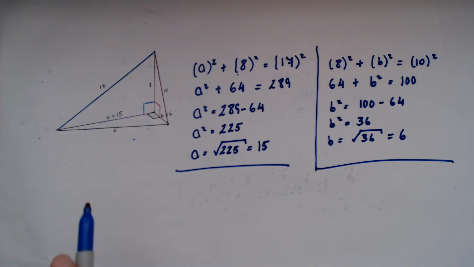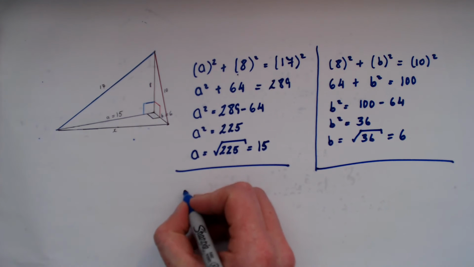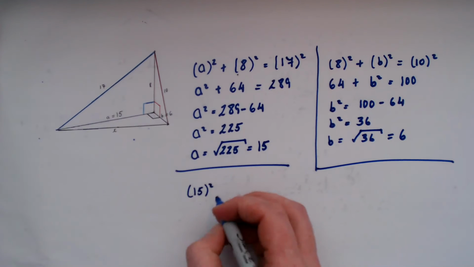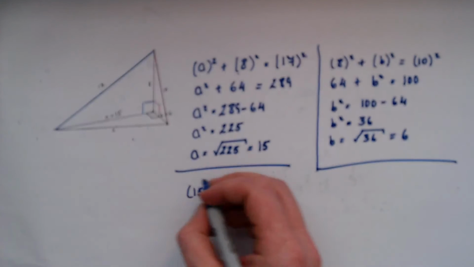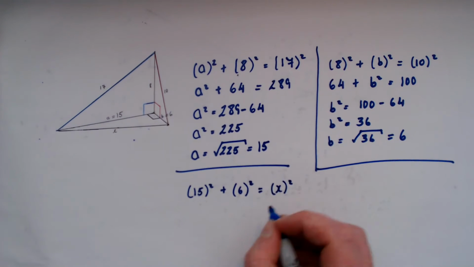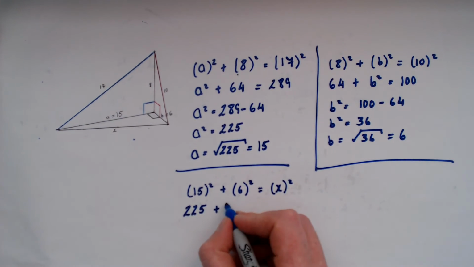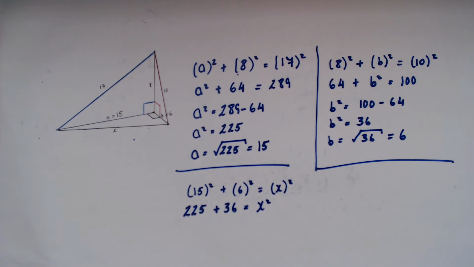So again, applying the Pythagorean theorem a third time to this bottom triangle, I have that 15 squared plus 6 squared is equal to x squared. 15 squared we just had, that's 225, plus 6 squared, which we know is 36, is equal to x squared. 225 plus 36 is 261. So x squared is equal to 261.